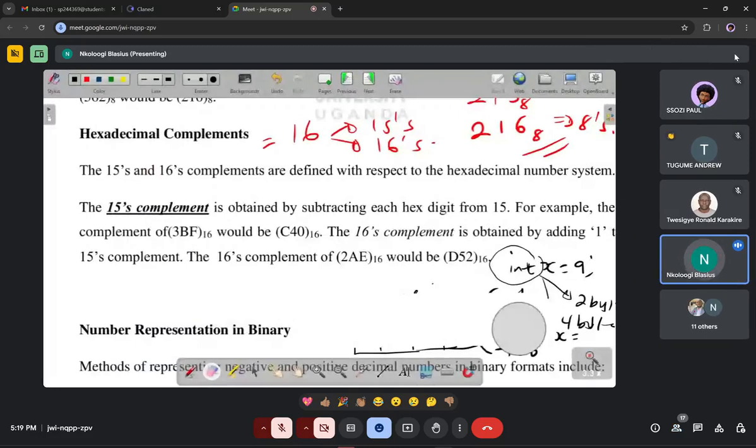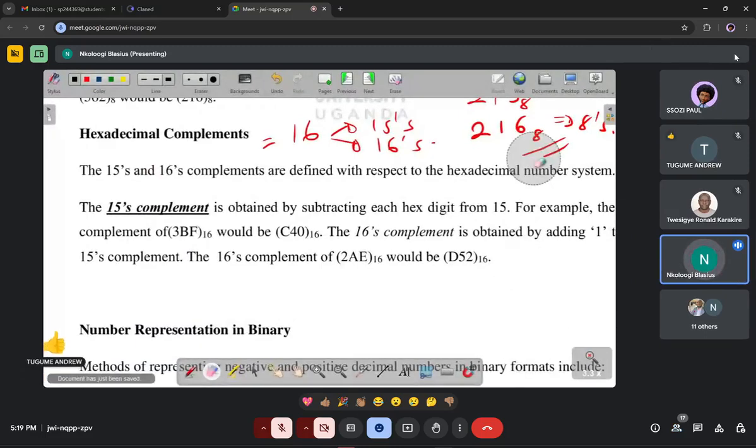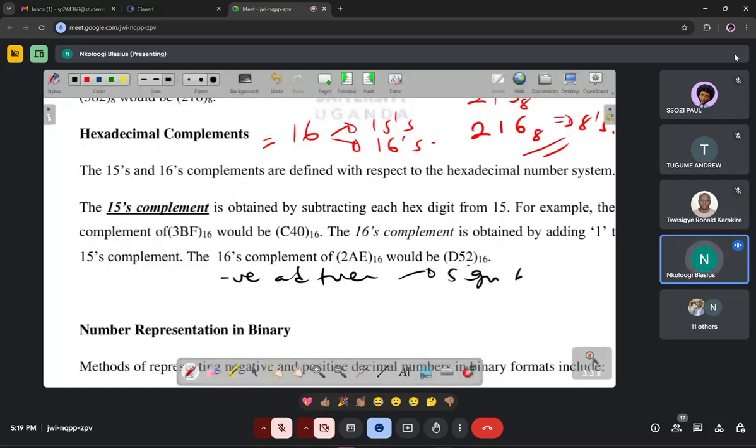Later, you'll see that computers actually use representations of negative and positive values in three ways. The first way is called the sign bit magnitude.